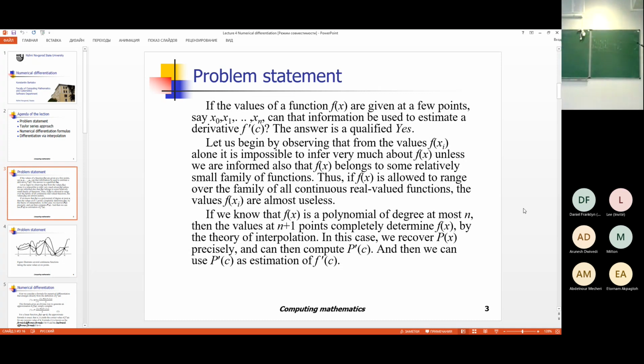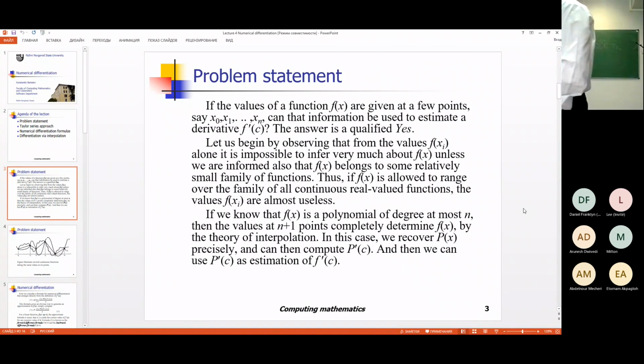But if we know that f of x is a polynomial of degree n, then this table of n plus 1 points completely defines this polynomial. It can be written as an interpolating polynomial in Lagrange or Newton form, but these n plus 1 points in any case completely define the polynomial.